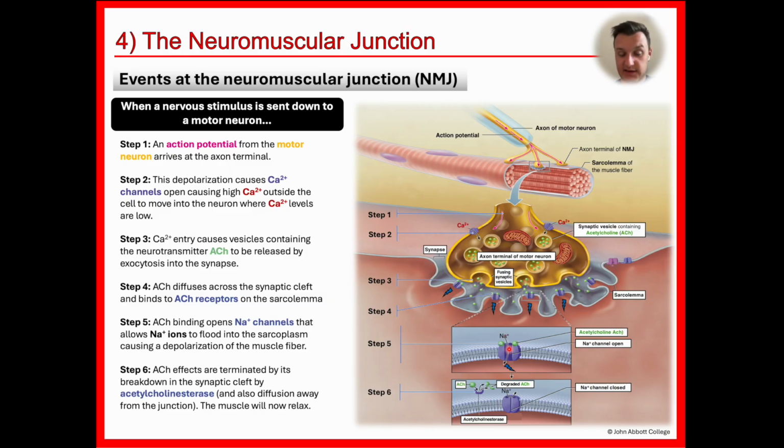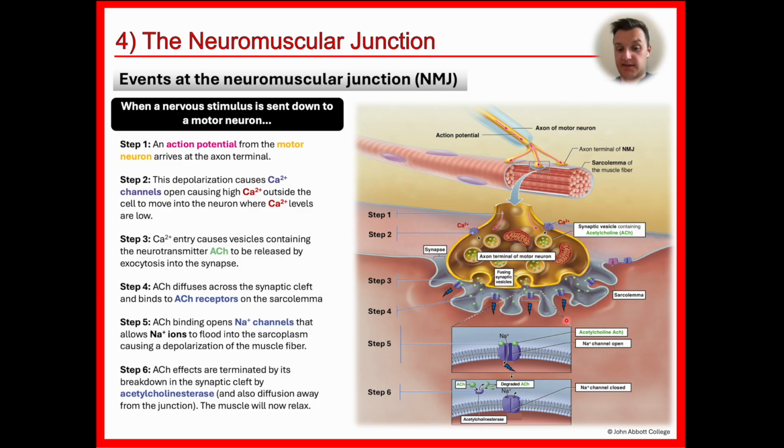You see that in this step here. Once this acetylcholine in green is bound onto these sodium channels, it'll open the passageway so that sodium can come in and cause this little electrical depolarization of the muscle fiber. It causes it to be a little bit more electrically positive on the inside because this is a plus charge, right? So that's called a depolarization.